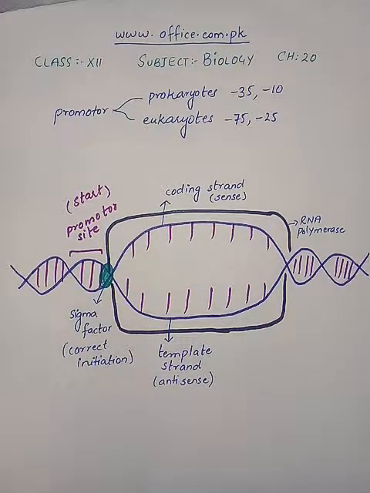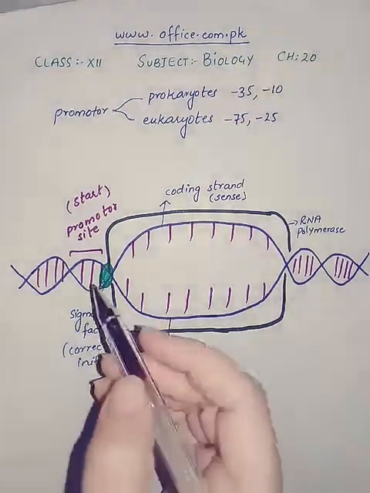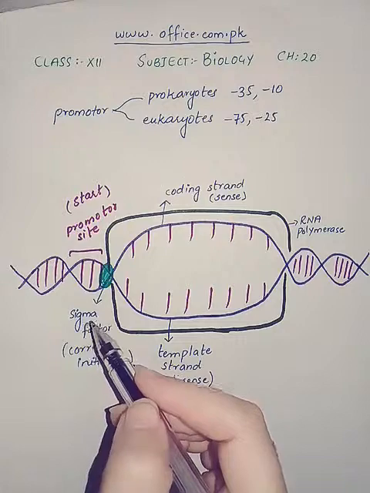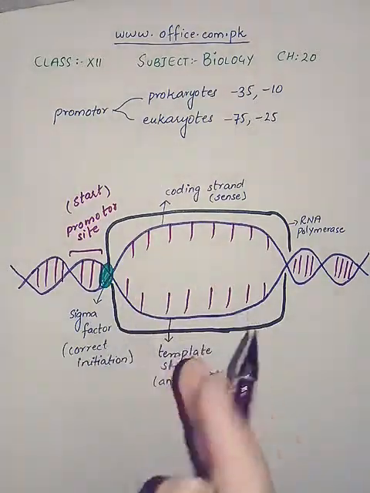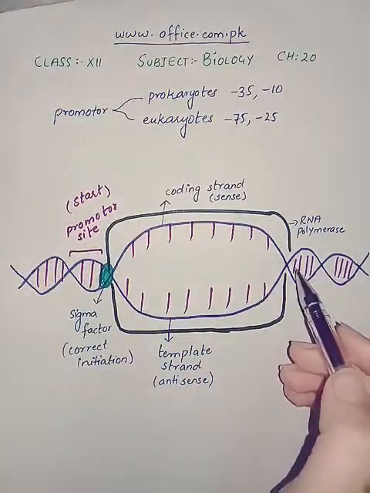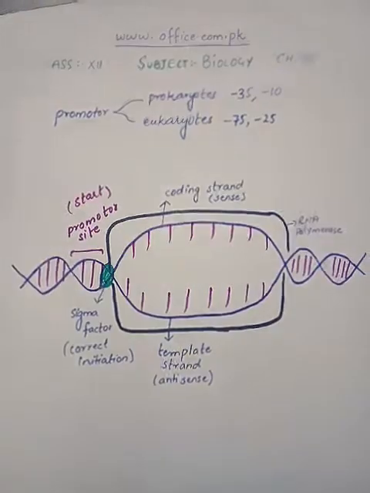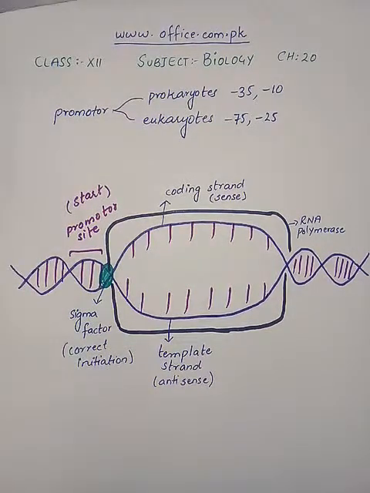Once the transcription process has started, the sigma factor is released, and the whole transcription process will be carried out till the end, where another factor will stop the process.